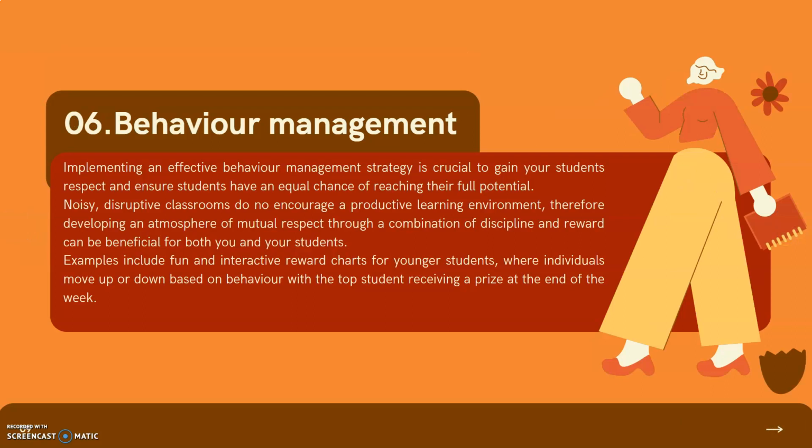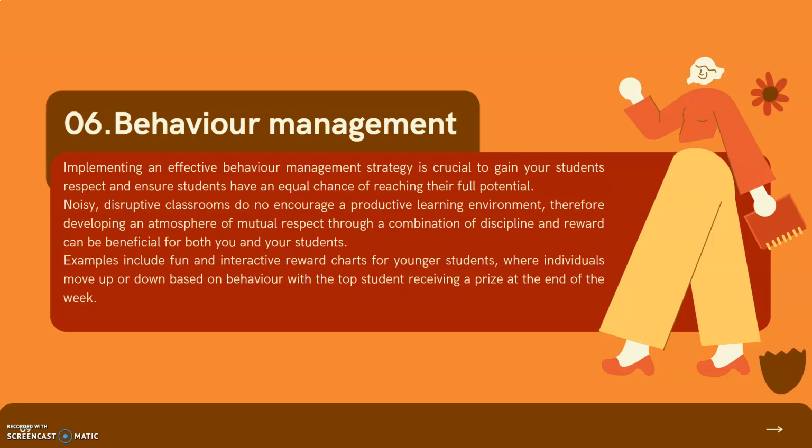Number 6, behavior management. In this step, it's implementing effective behavior management. A strategy is crucial to gain the students' respect and ensure that they have an equal chance of reaching their full potential. And here, you look at discipline and rewards that can be beneficial for both you and your students.